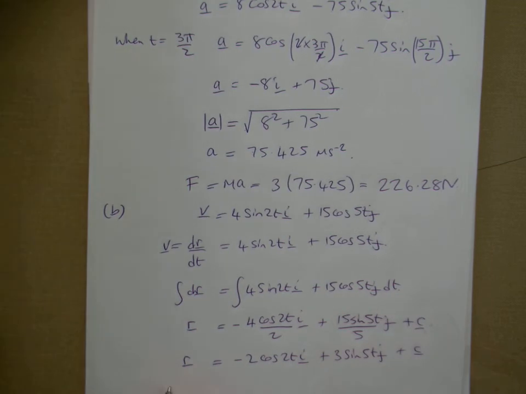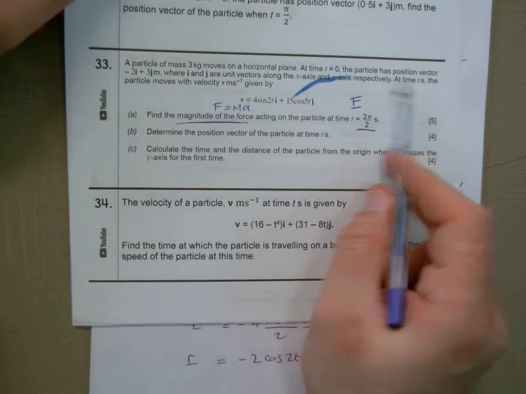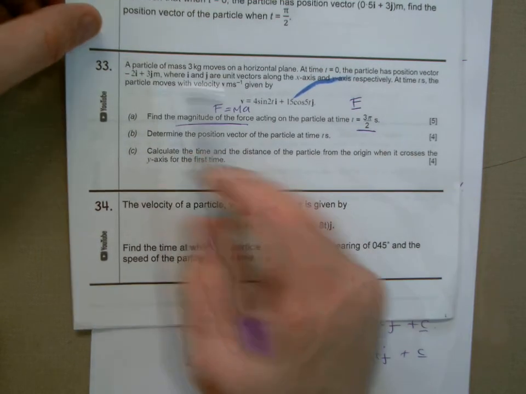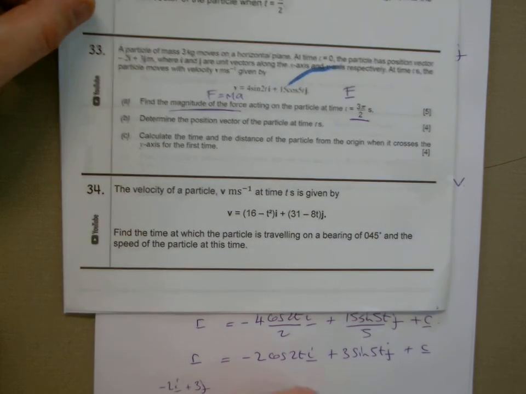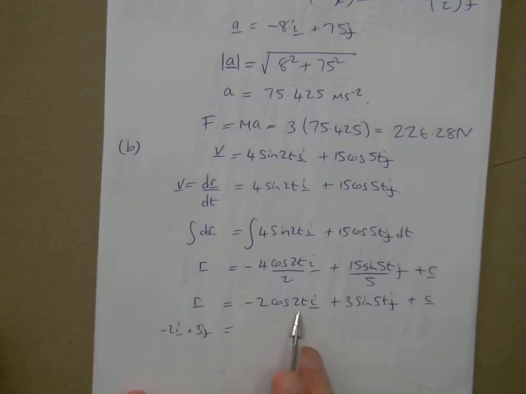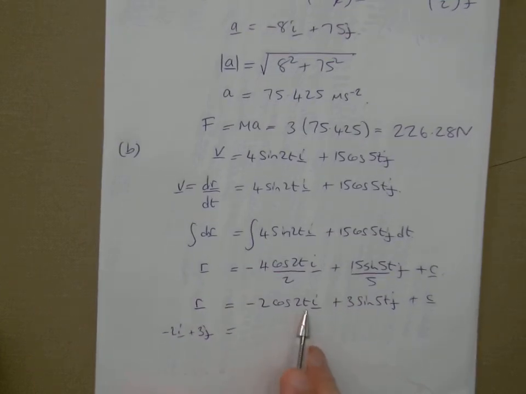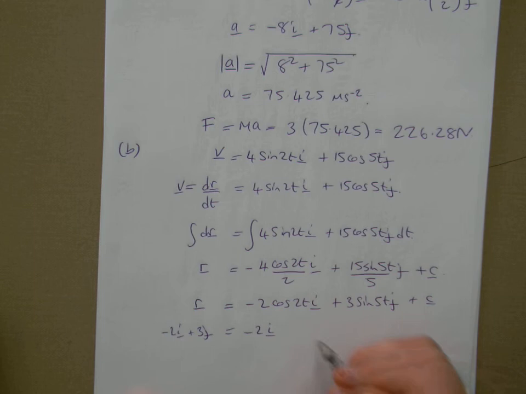So we can work out our c because they probably give us conditions here. Let's read it. It says at time t equals 0, the particle has position vector minus 2i plus 3j. So I can put that in here, when t is 0. Now when t is 0, cos of 0 is 1, right? So I get minus 2i there. Sine of 0 though is 0.